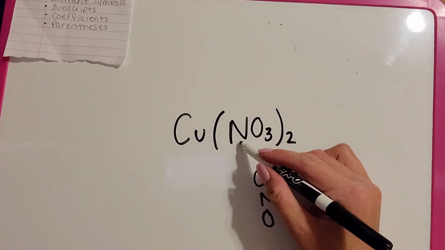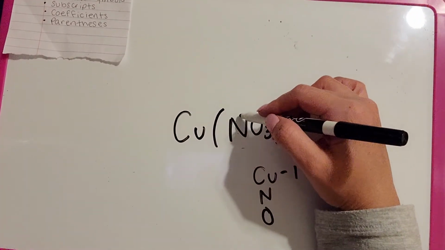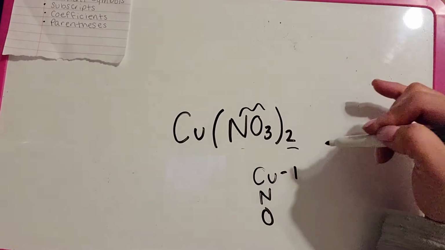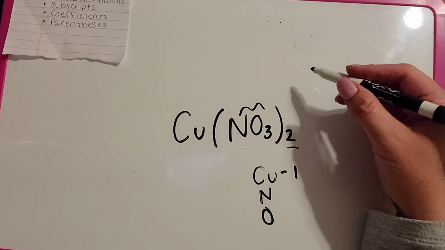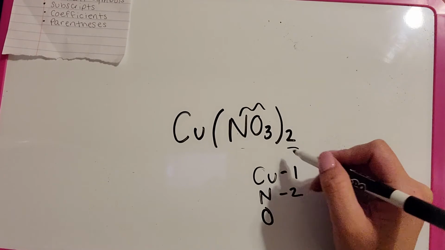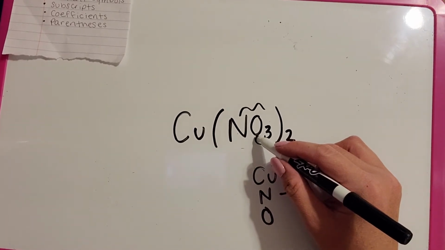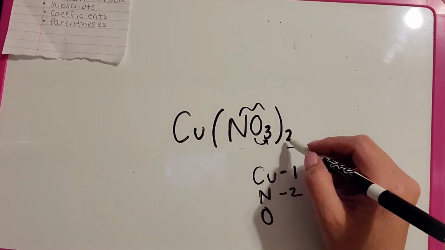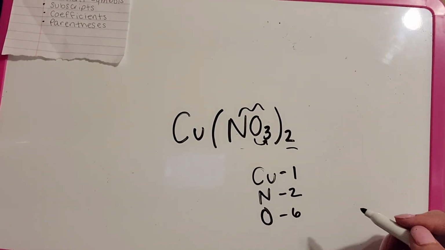There is 1 nitrogen here, but see how this whole thing, this is a nitrate, is in parentheses. So this little 2 out here applies to everything on the inside of the parentheses, just like math. So there are actually 2 nitrogens here. And this O3, that 3 is attached to just the oxygen. However, there's 2, so we're going to multiply the 3 by 2, meaning there would be 6 oxygens.